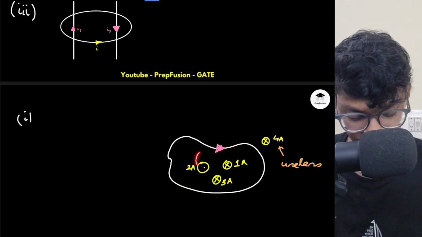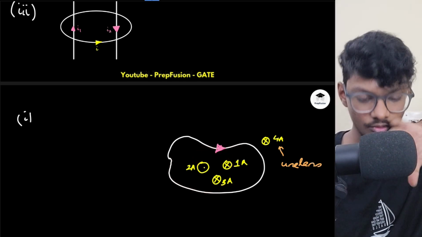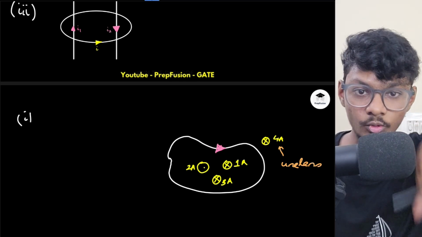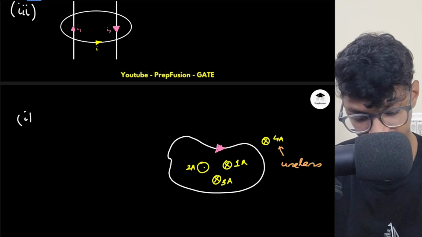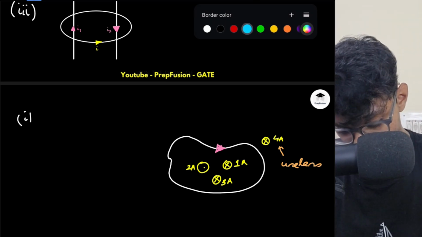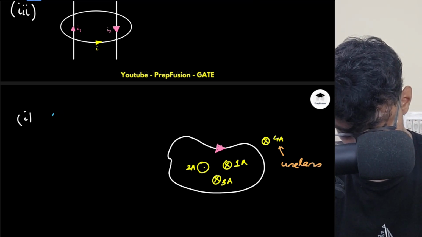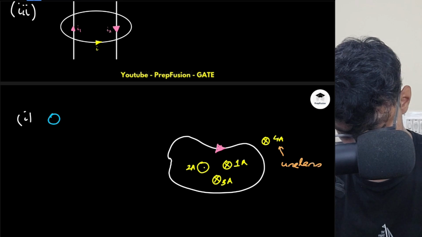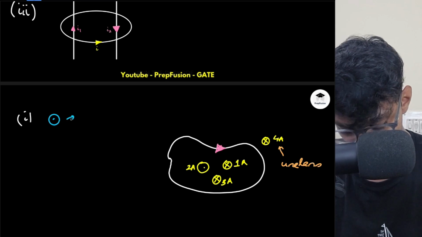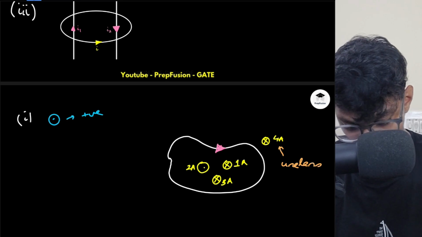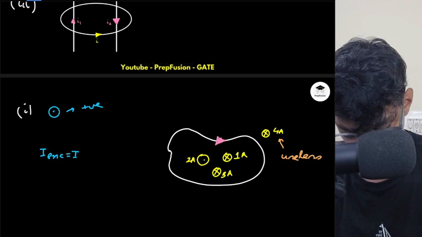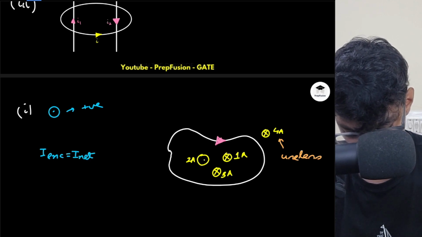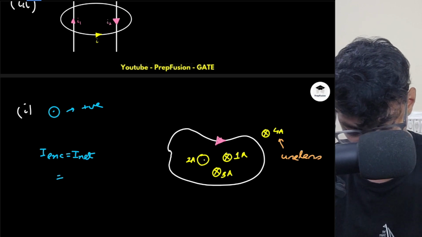Now, if I curl my fingers along the direction of the orientation, it is pointing inside. So according to the orientation of the Ampere loop, inside is the positive one. So total I enclosed, or I net, they call it by some different names as well, will be equal to what?